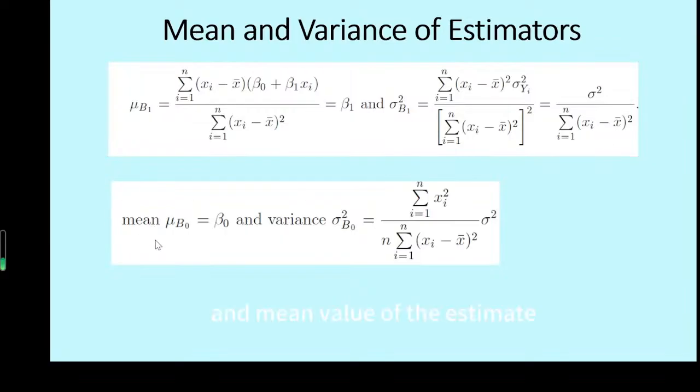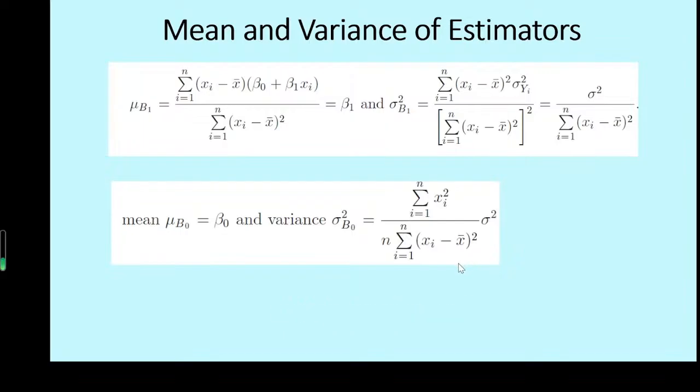And the mean value of the estimate b0 equals the real value of beta 0. And the variance of b0 equals the error term's variance sigma square times the sum of squares of xi divided by n times the sum of squares of xi with respect to the x mean value.